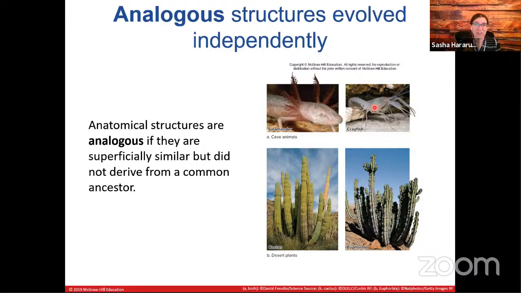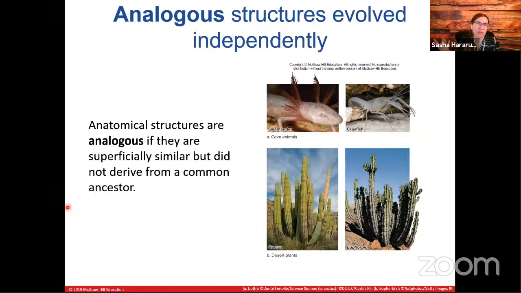So a colorless body is considered an analogous structure. Also, they do not have eyes, and lack of eyes is considered an analogous structure. Non-functional eyes are considered analogous rather than homologous structures, because they did not have the same common ancestor.